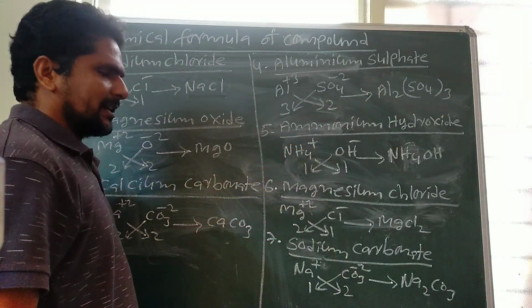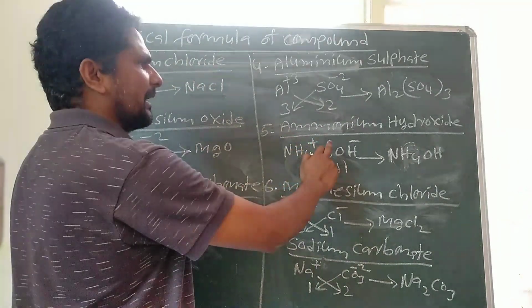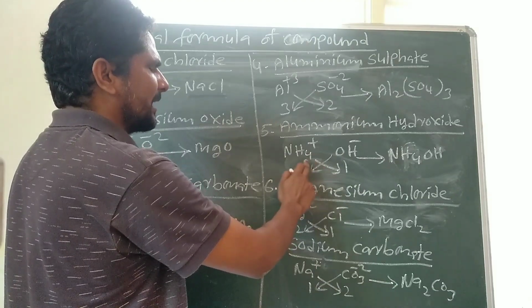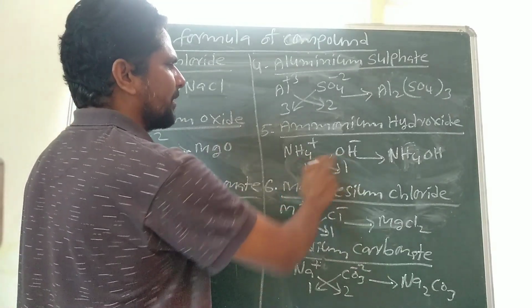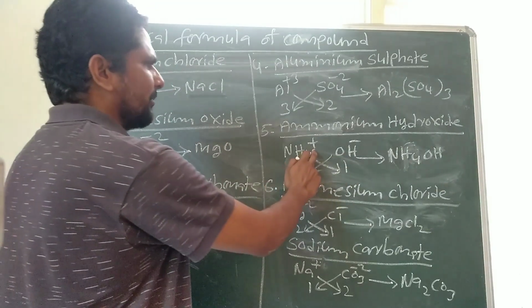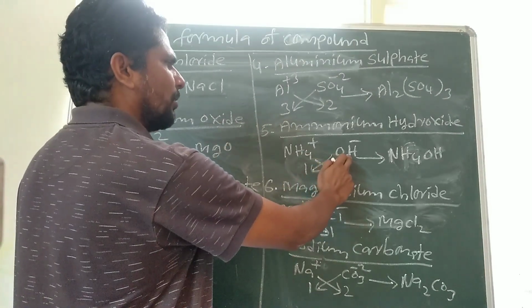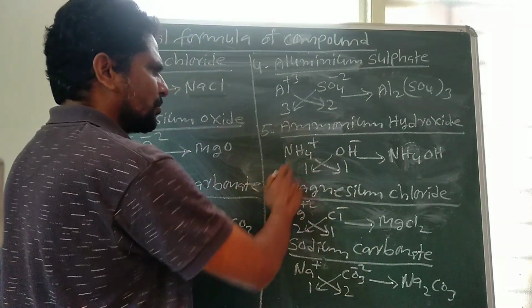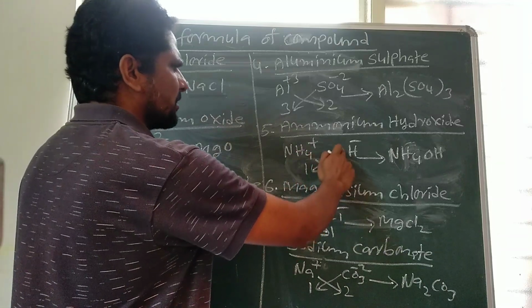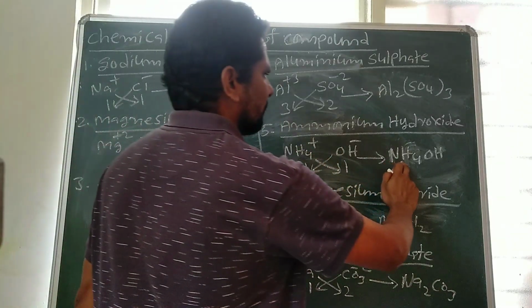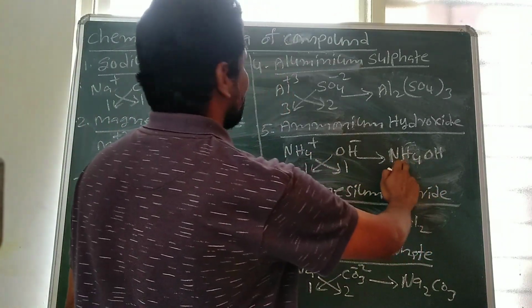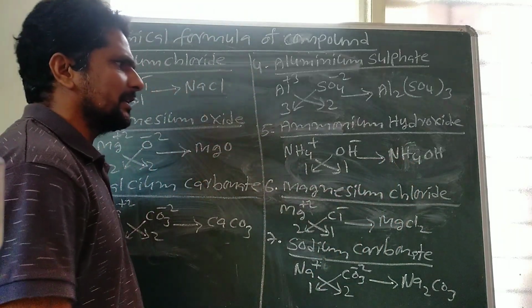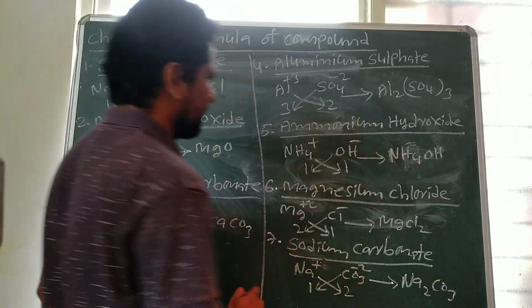Formation of ammonium hydroxide. Ammonium hydroxide consists of two radicals, NH4+ and OH-. Charge on ammonium radical 1, charge on OH- radical 1. So charges are crisscrossed to form ammonium hydroxide. The chemical formula of ammonium hydroxide is NH4OH.